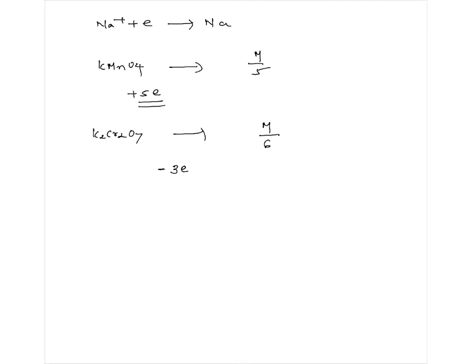If you look at manganese atom inside potassium permanganate, and if you look at manganese atom inside MnO2, it is the same manganese atom, but in potassium permanganate it shows greater positive character.